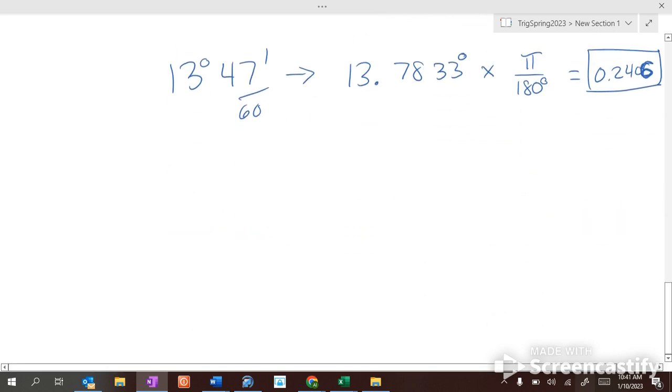Okay, now, this next stuff messes with people's minds, and it shouldn't. Some of you don't like fractions very much, and you have to use fractions here.